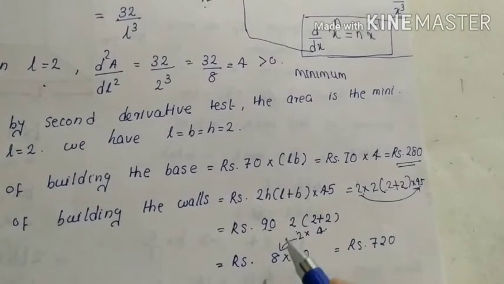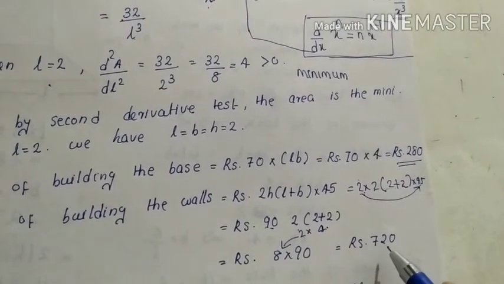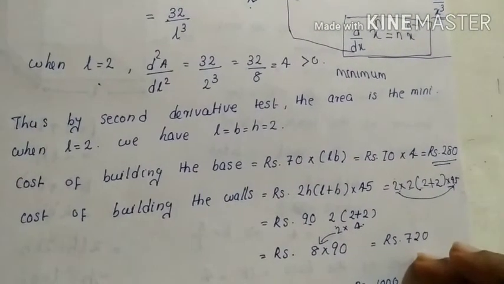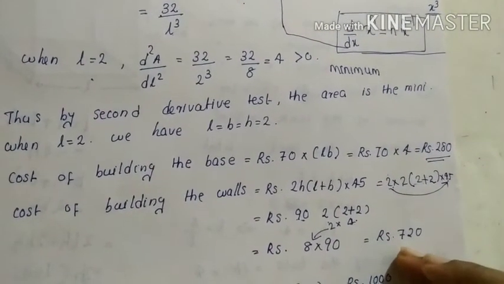So 8 into 90 is rupees 720. So we get the cost of building the walls as rupees 720.